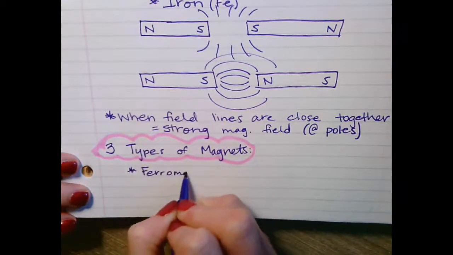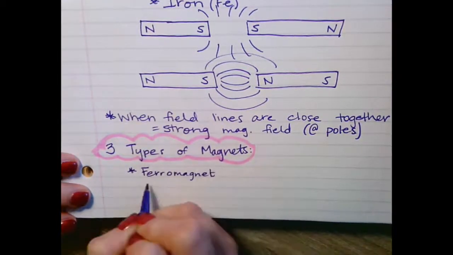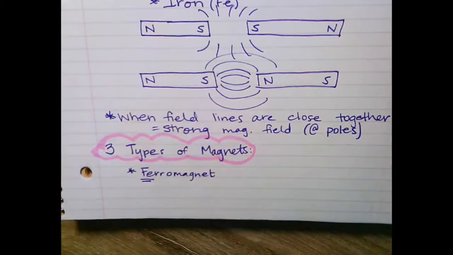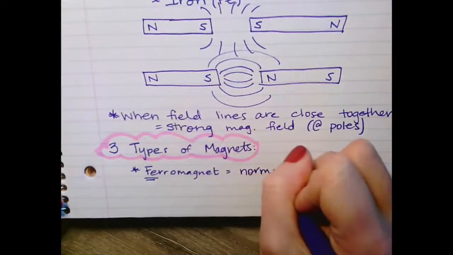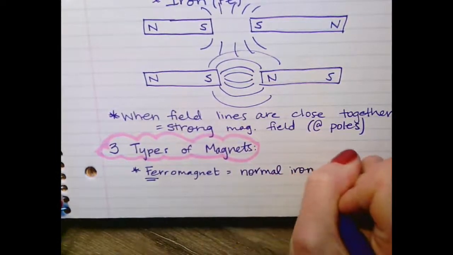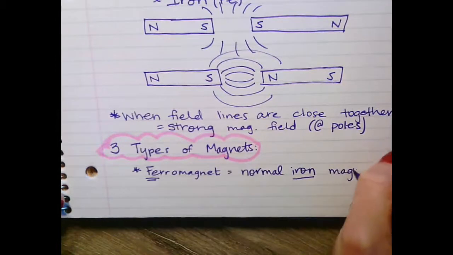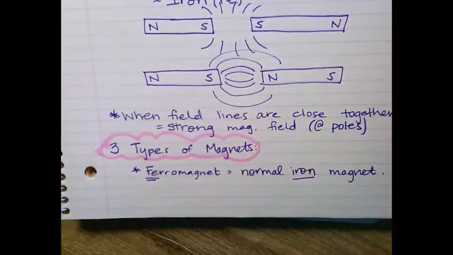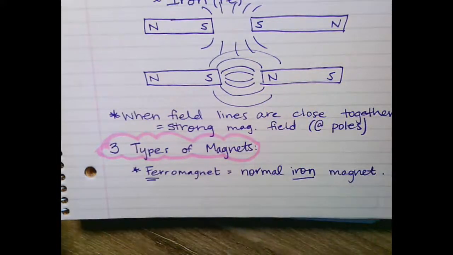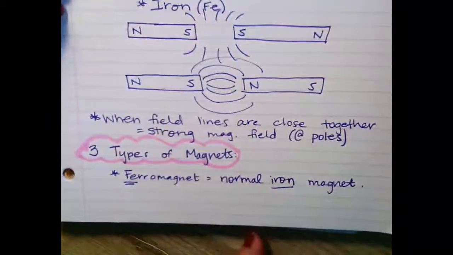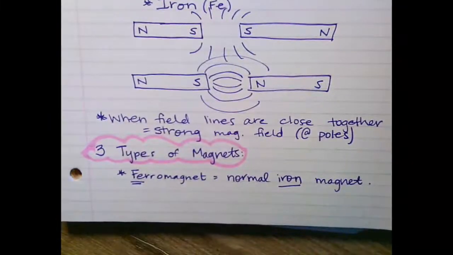F-E-R-R-O magnet, and the Fe refers to that iron. So this would be what we would consider a normal iron magnet. That's probably what we would consider the most common, just because if you have magnets on your fridge, it's made of iron, or magnets on your lockers or things like that, it's made of iron.